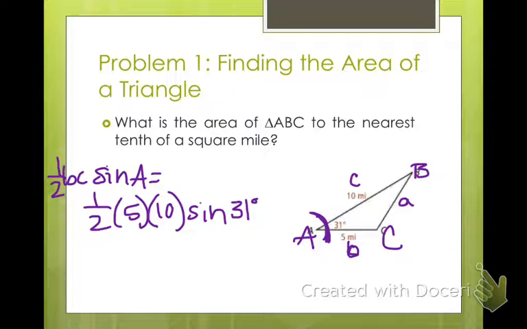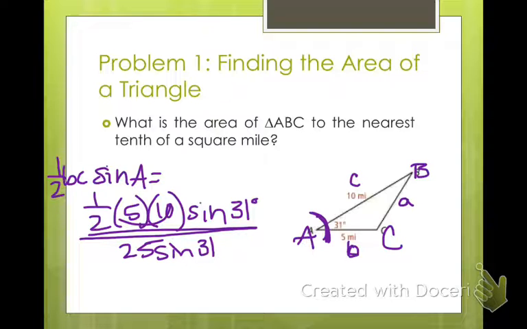You could just put that all into your calculator. 50 divided by 2 is 25, so you could put 25 sine 31 into your calculator. That will also work. So go ahead and put that into your calculator and see what you get for your measurement.